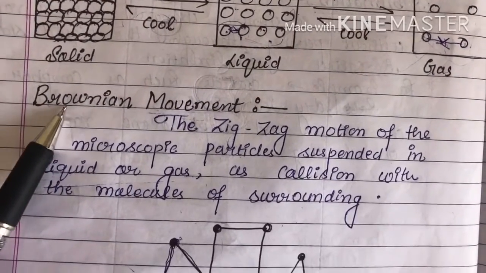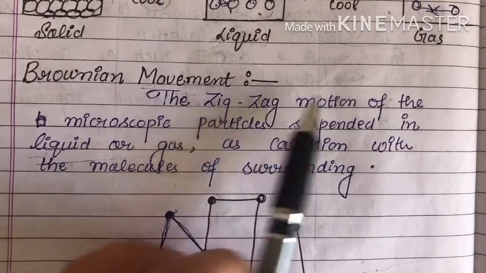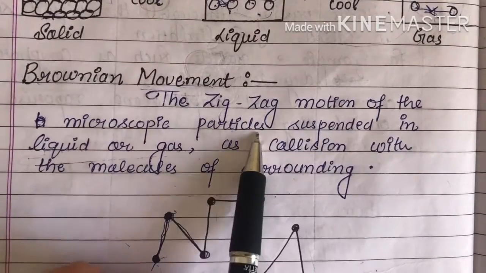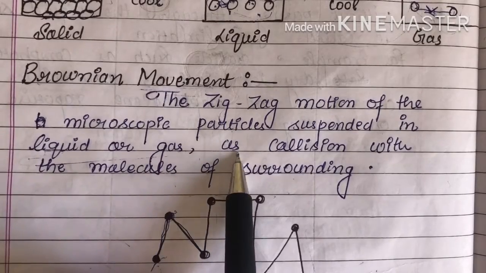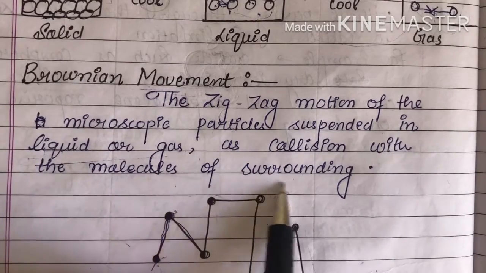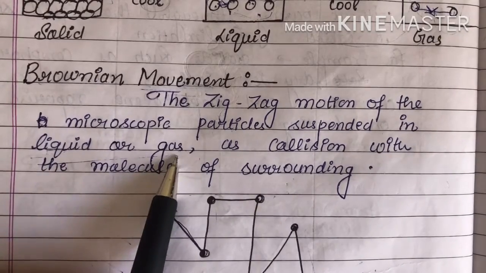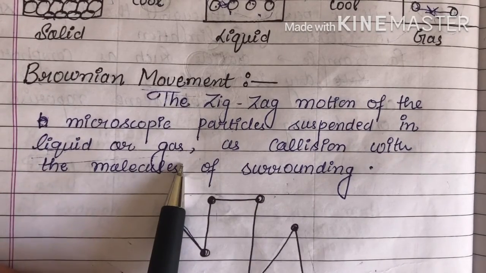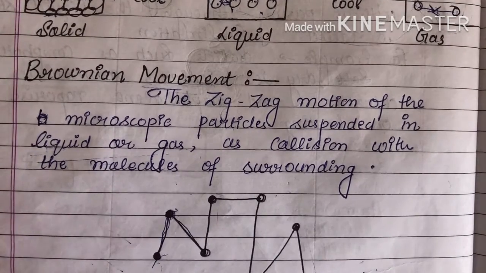Brownian movement. Here we can see the zigzag motion of microscopic particles suspended in a liquid or gas, due to collision with the molecules of the surroundings. Here we can take only liquid or gaseous state, because in the solid state no such motion takes place.